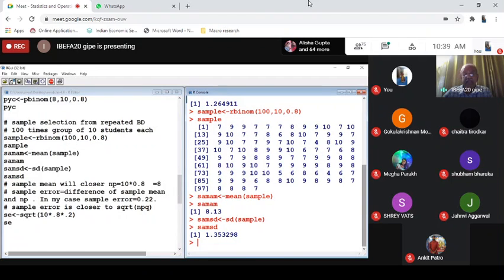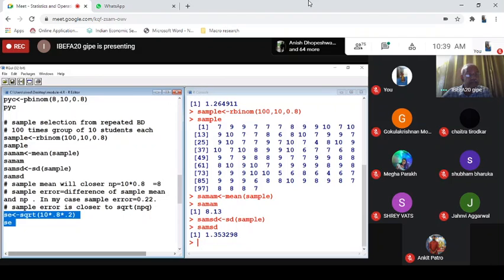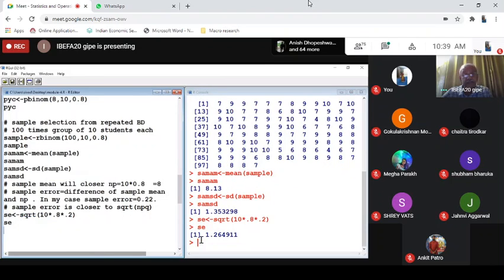8.13. And the sample standard deviation is 1.353, and the theoretical standard deviation is 1.264911. What happened to the mean? Anybody got a sample mean much nearer to 8? So mine got more distant.